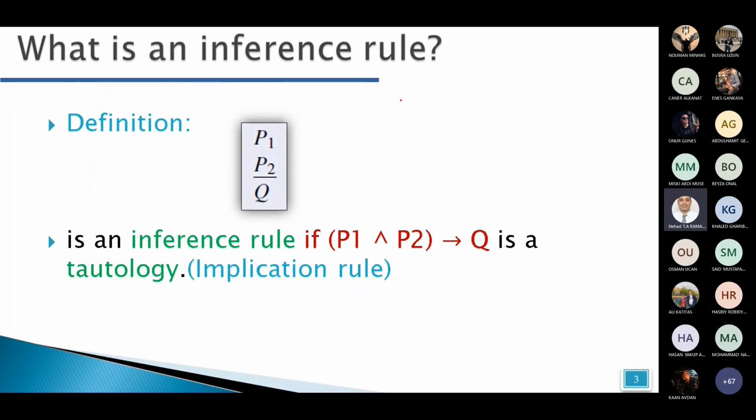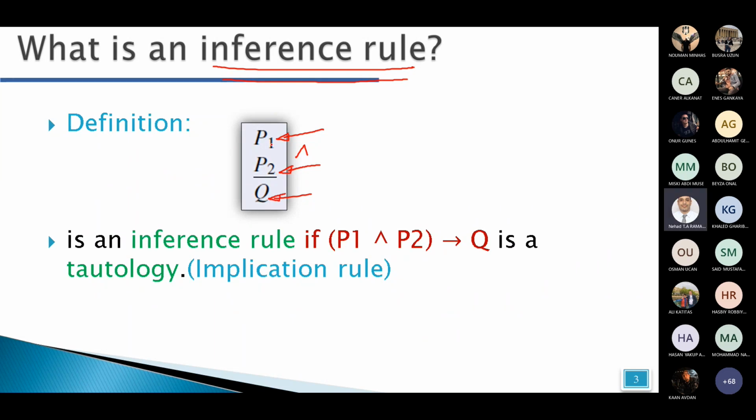So we use something called inference rules. Generally, with an inference rule, we get a premise and another premise, and from them we get a conclusion.